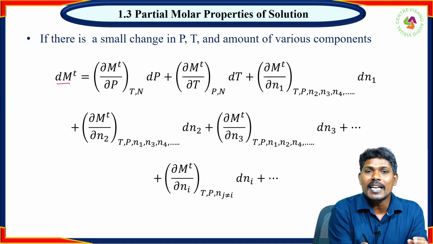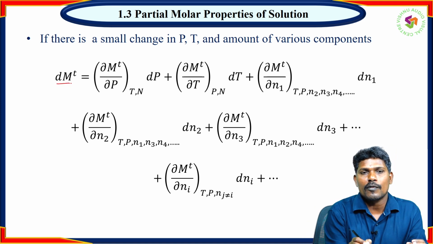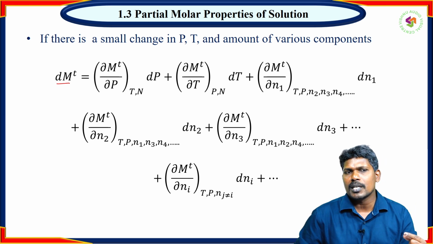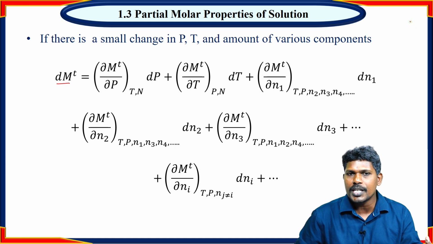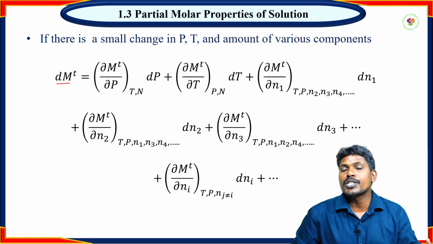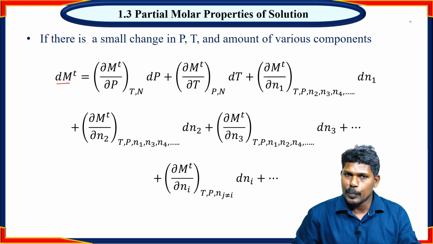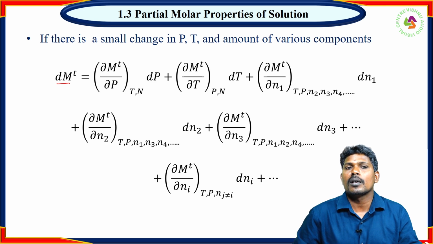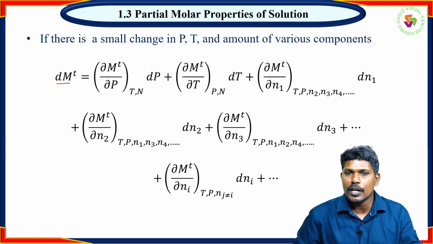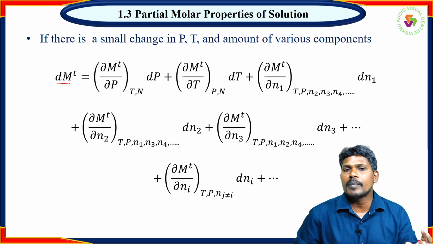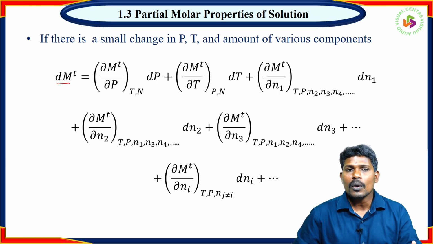That is equal to the change with temperature only, plus the change with pressure only, plus the change with only the first compound, and so on. So that is a summation of them.